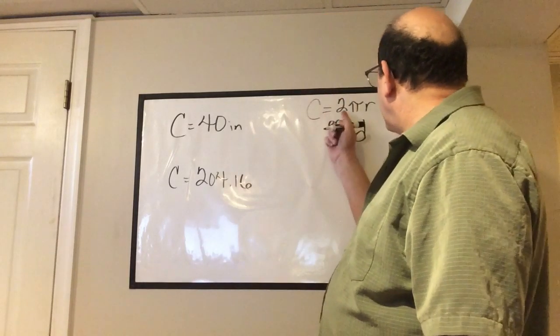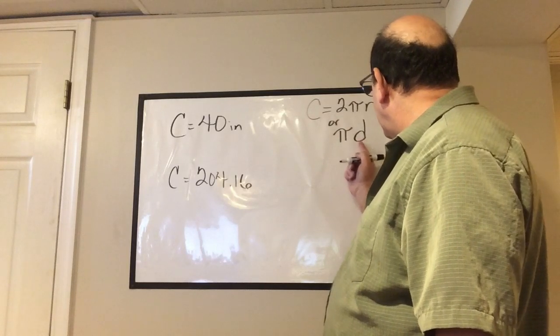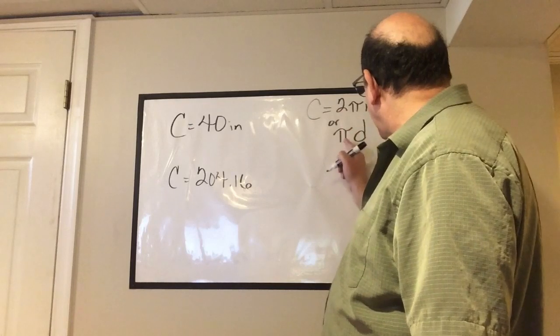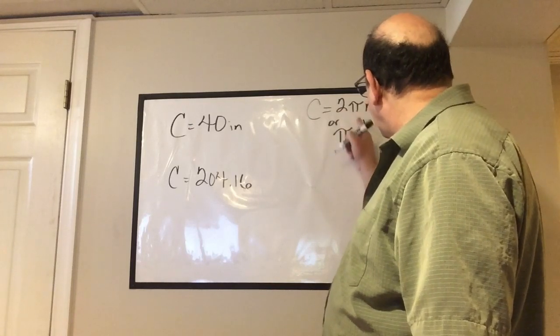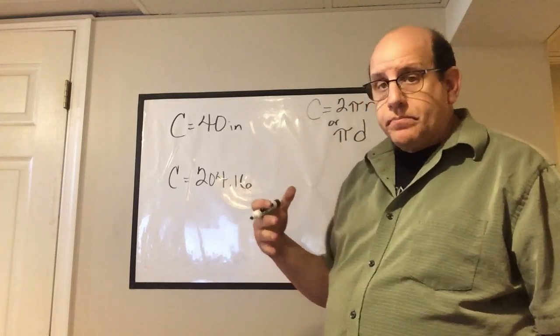So we remember 2 times the radius is the diameter, and a diameter is 2 radii. But if you multiply the diameter by pi, you get your circumference.